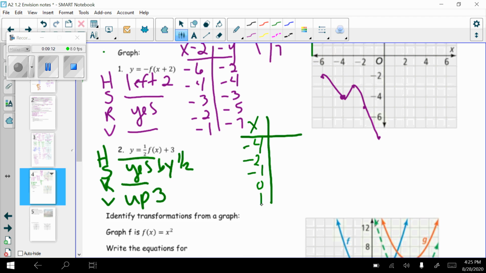So now we want to take all of our original y values, multiply by s, and then add the 3. So we're going to have 1/2 y plus 3.